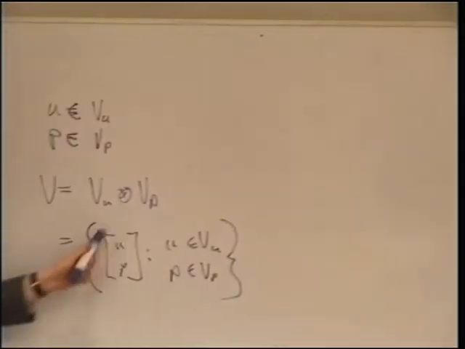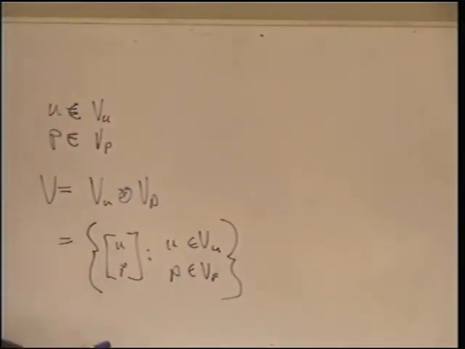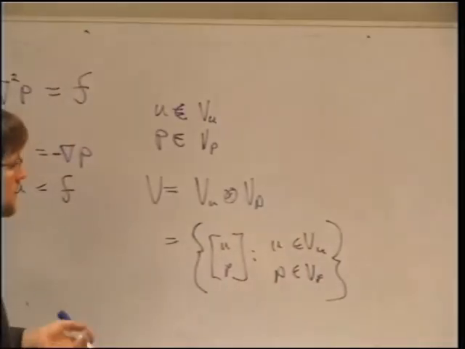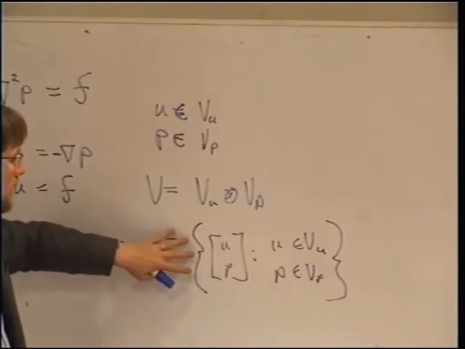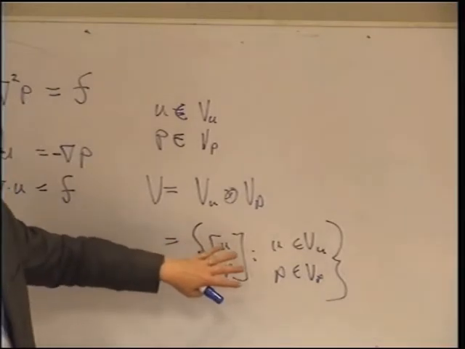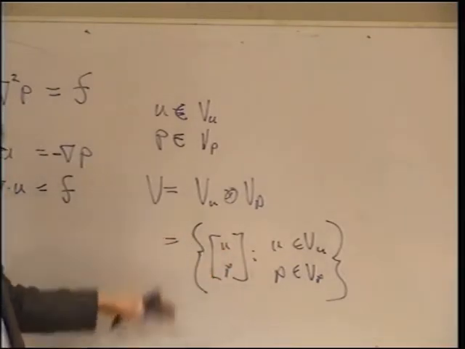And that's a perfectly good function space in the sense of being a vector space in the way that we've learned in this course. So what has to be true? It has to be true that I can add these things, which I can. I add them just by adding the components.